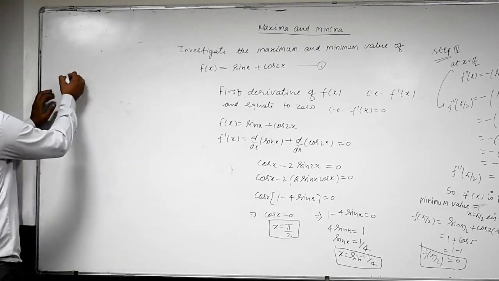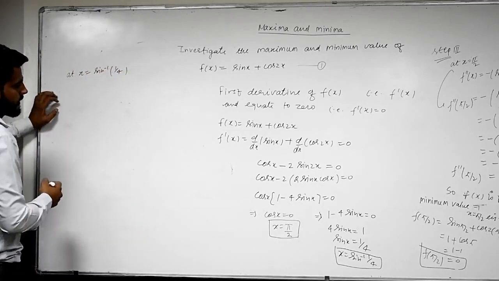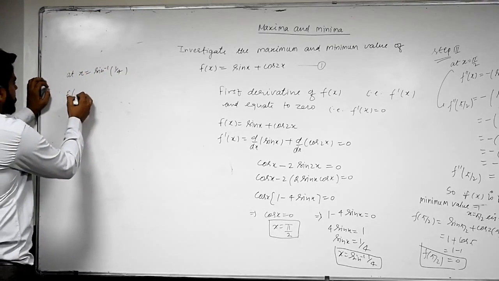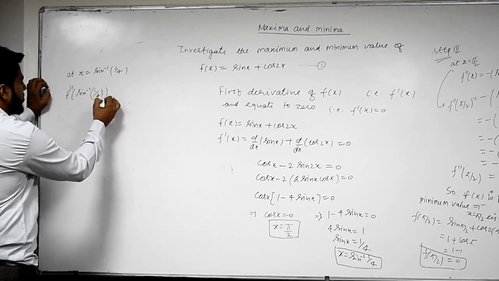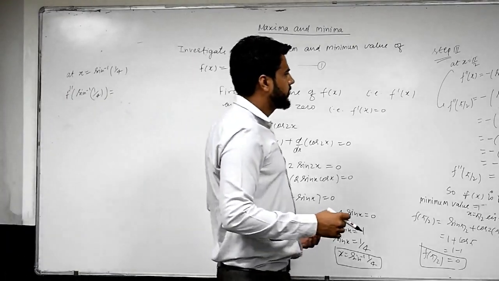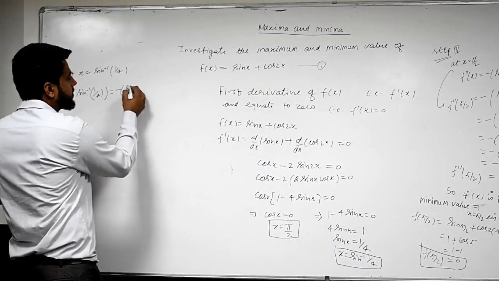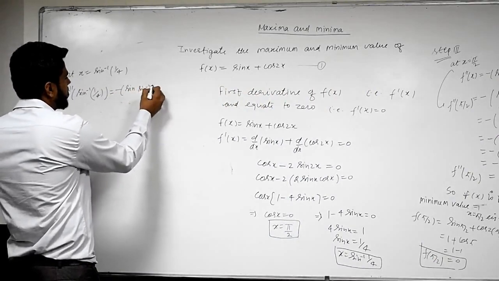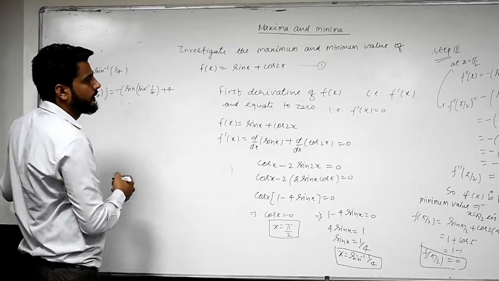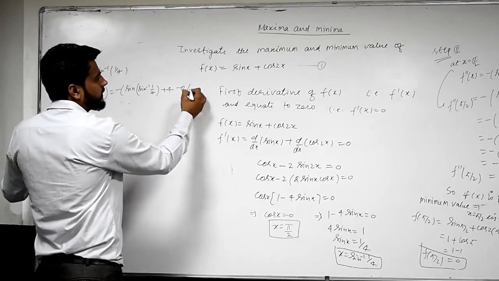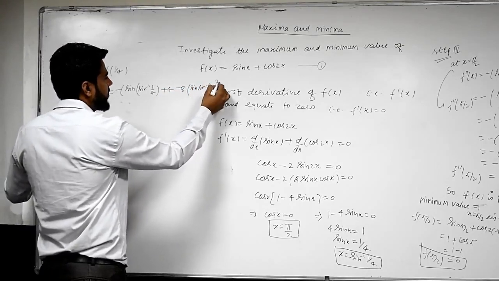Similarly, at x equals sin inverse 1 by 4, we have f double dash of sin inverse 1 by 4. What is f double dash x? Minus sin x, so minus sin of sin inverse 1 by 4, plus 4 minus 8 sin inverse 1 by 4 squared.